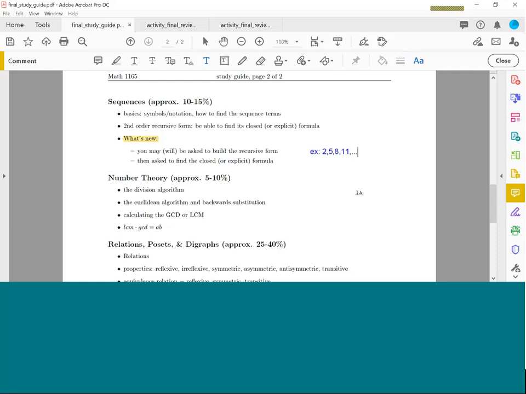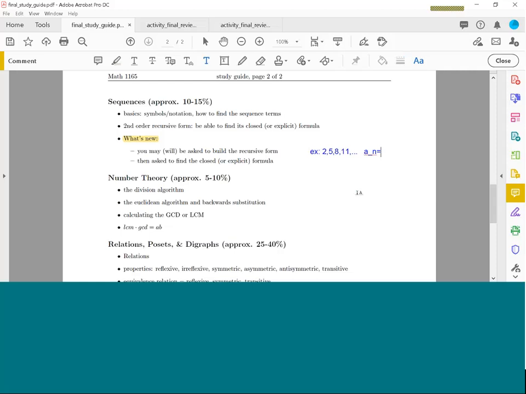In this case, if you were asked to build the equation of the sequence, anybody have a guess what you would say? And this is where it would definitely need to tell you, is this the recursive form or is this the closed form? So for closed form, your answer would only be in terms of n. It would look like a function.